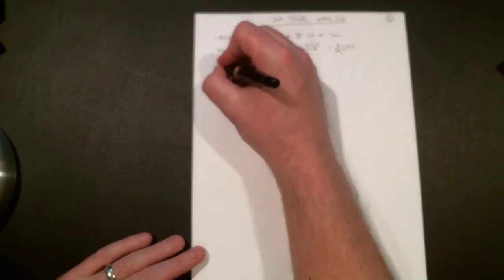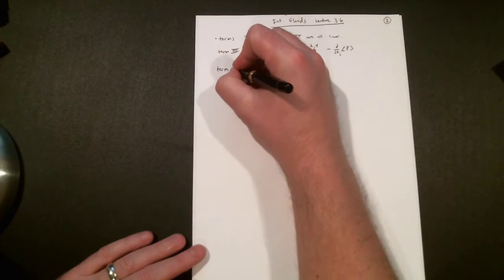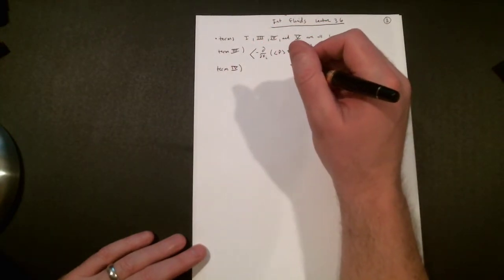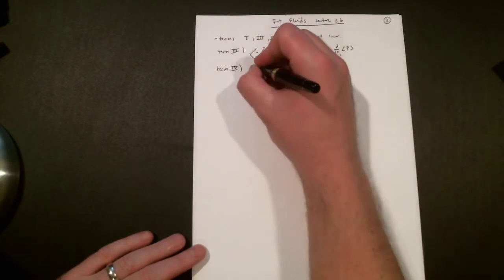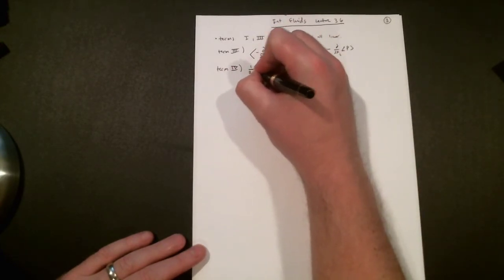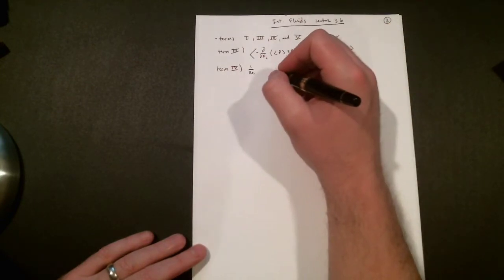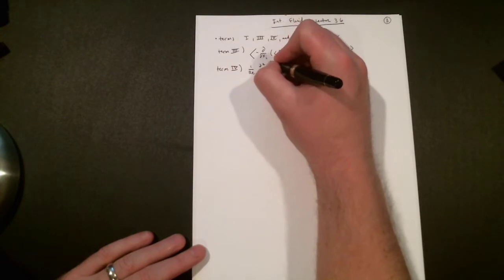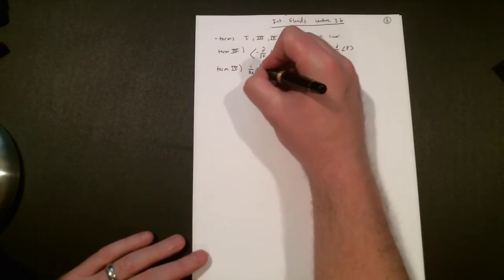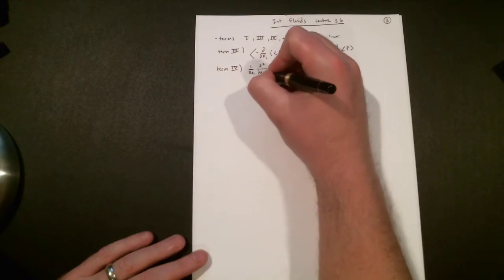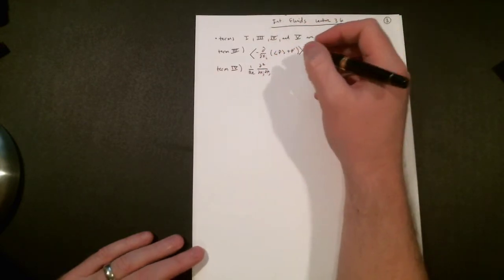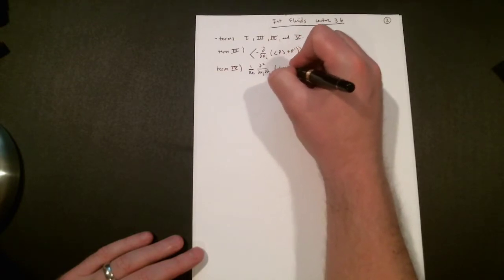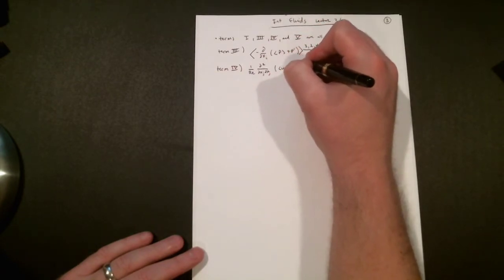Same thing with term 4. Term 4 is our viscous term. So this is 1 over Reynolds number times second derivative with respect to dxj of the ensemble average of ui plus ui prime.